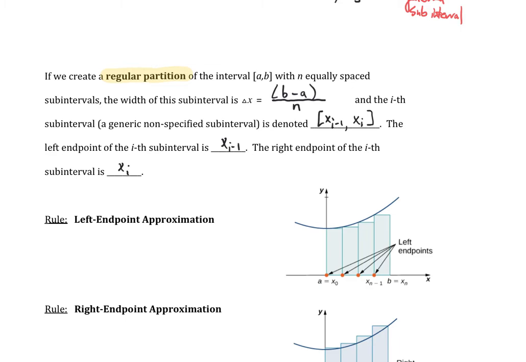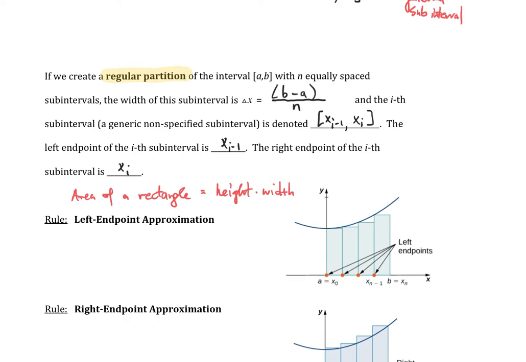Now, the way that we're going to approximate the area is with the area of a rectangle. And as we know, the area of a rectangle is going to be given by the height times the width.